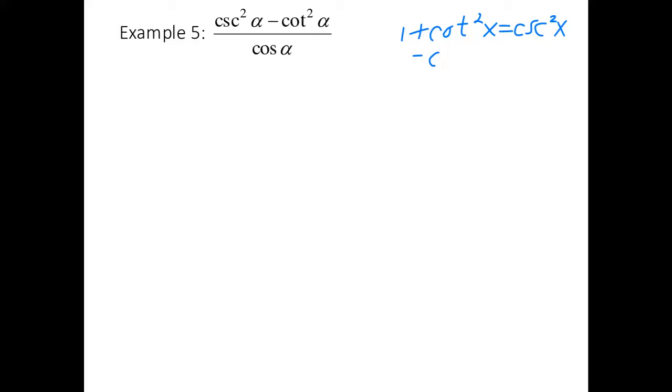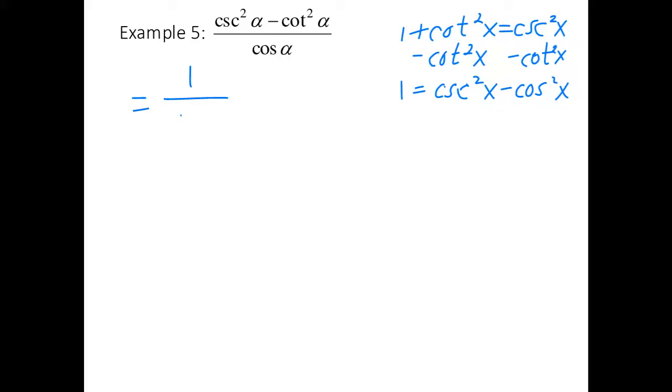So I'm just going to subtract the cotangent squared to the other side. And we'll notice that this is now just 1, and this matches what was given to us in the problem. So that's pretty awesome. Right out the gate, I can use the Pythagorean identity and say the top, that all goes to a 1.